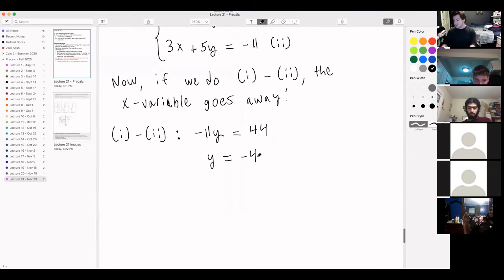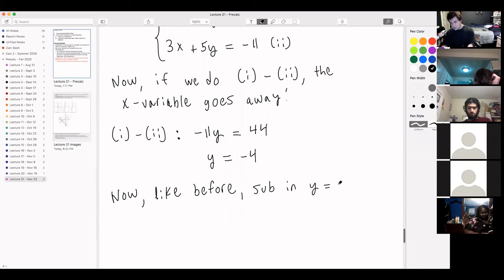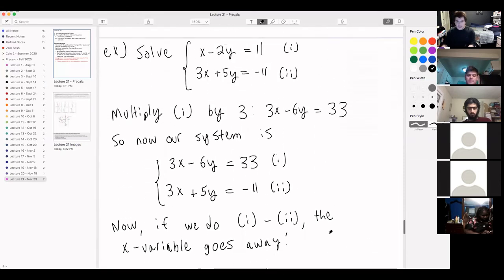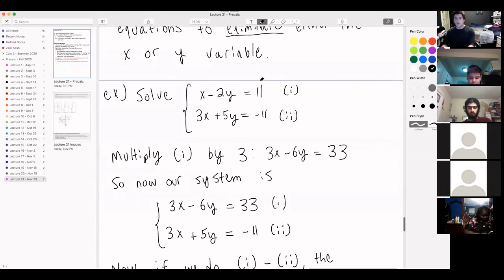Good. So we have y equals negative 4. I can now substitute in and solve for x. Like before, sub in y equals negative 4 into either equation and solve for x. Which one did I choose here? I subbed it into equation 1, but that was arbitrary; I could have subbed it into any of these.